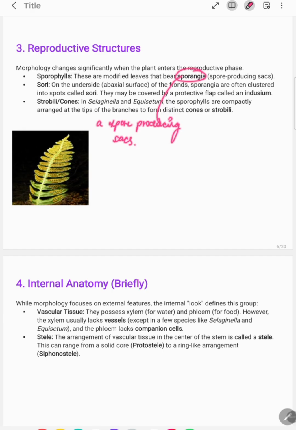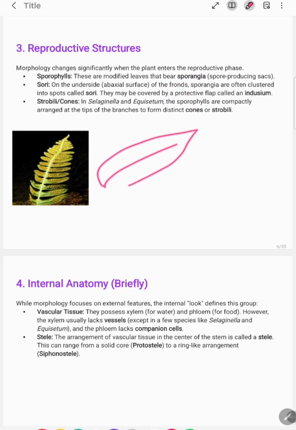Inside sporangia, spores are produced. So the leaf which is bearing these sporangia is known as sporophyll.